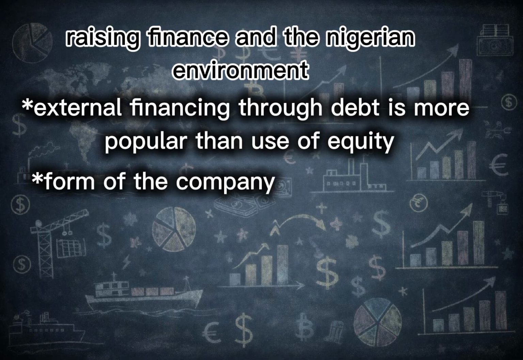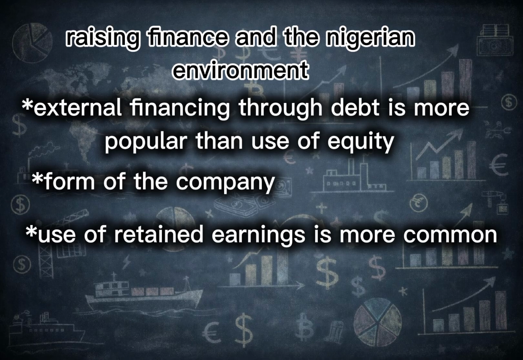The form of the company also affects its ways of raising capital. Private firms have less access to raising debt than public firms. And because of this limited access, private firms end up using more of their retained earnings or going into venture capital arrangements with other partners.